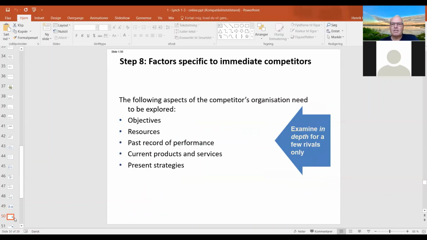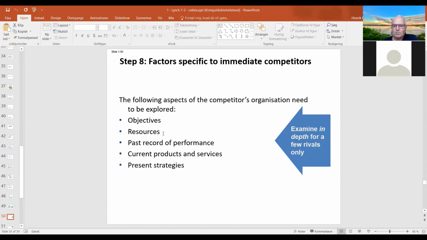Step 8, about competitors. It's very common that when we talk about competitors, we will talk about their objectives, what kind of resources they have, how they have performed in the past, what kind of products and services they have right now, and what their strategies are. And remember that resources include also their economic resources. It also includes their competences.